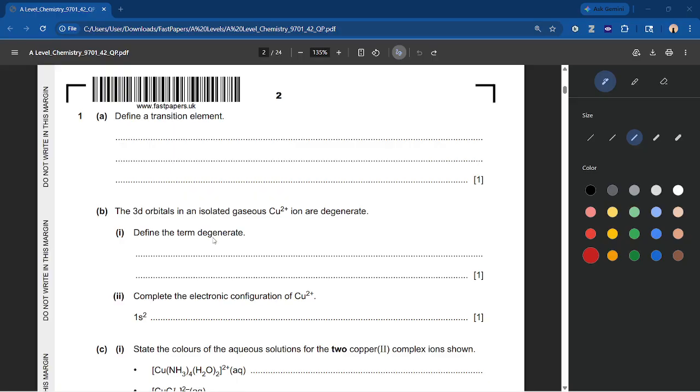So it says define a transition element. So this one, we're going to be very straightforward, nothing too difficult.